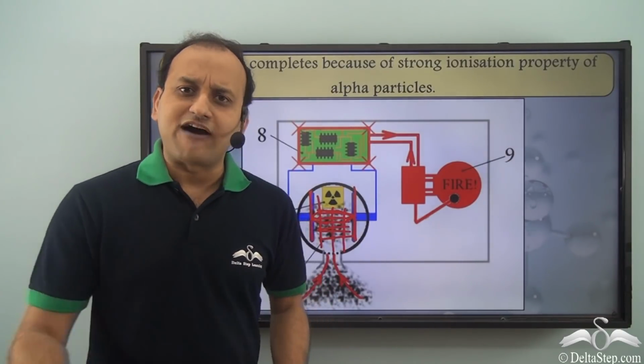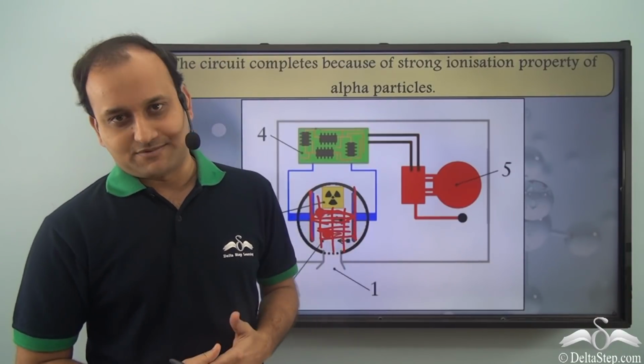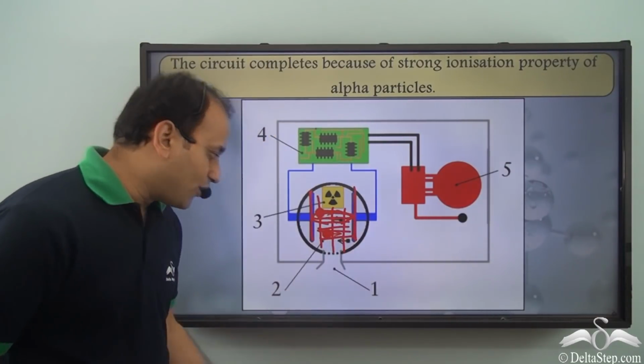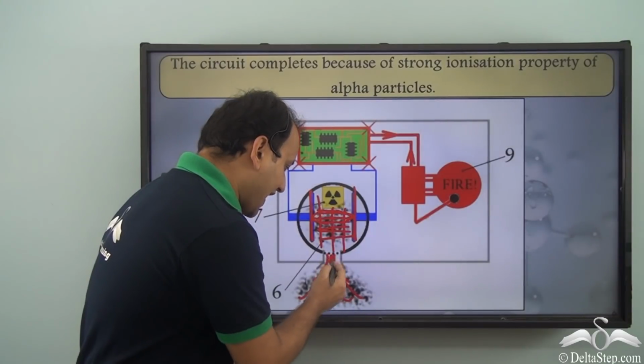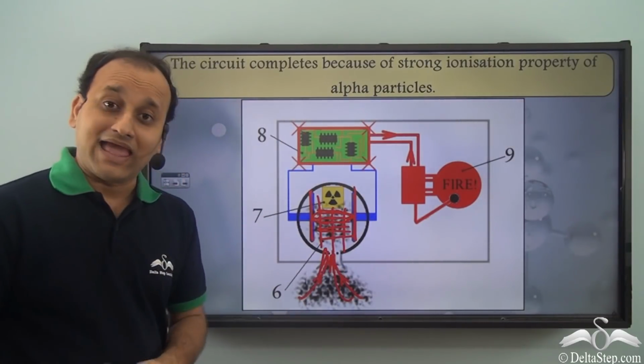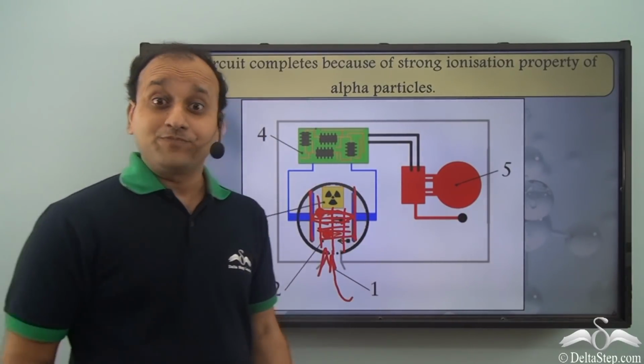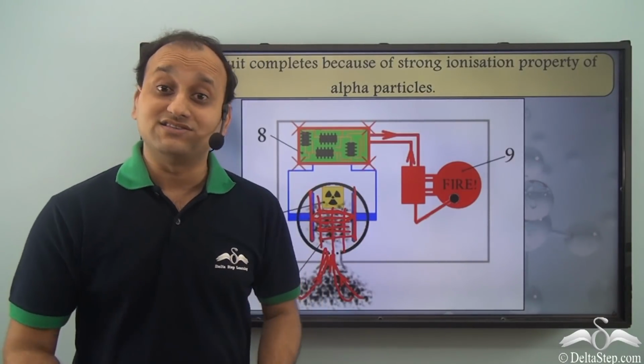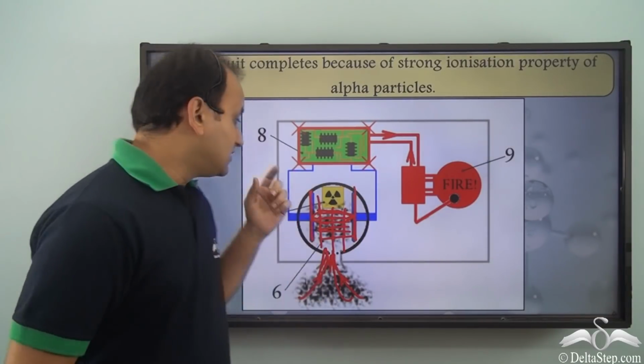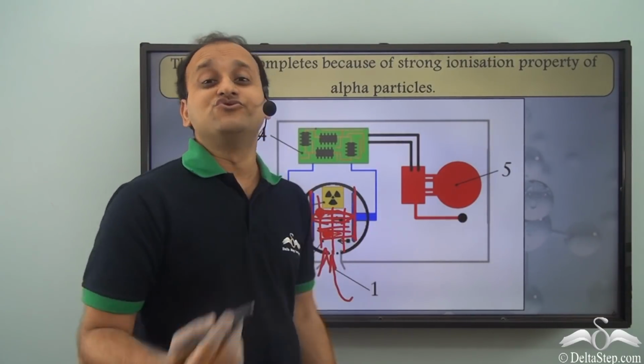Now when fire occurs, then what exactly happens? Well, at that point a lot of smoke enters through this region, and when smoke enters this particular region, it interferes with the ionization process. That is, the ions are neutralized.